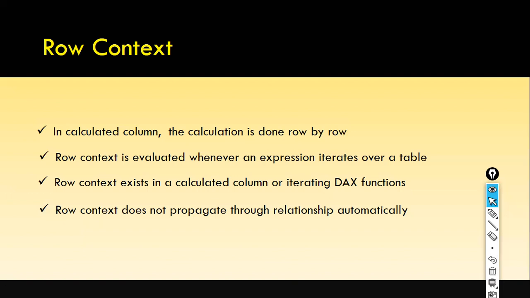In that case, you need to use the LOOKUPVALUE function or so. You do a lookup on the product dimension table to bring the cost price to your fact table, and multiply the cost price by your quantity. That will give you the cost of goods sold. So in that kind of situation, the row context does not propagate through relationships automatically.